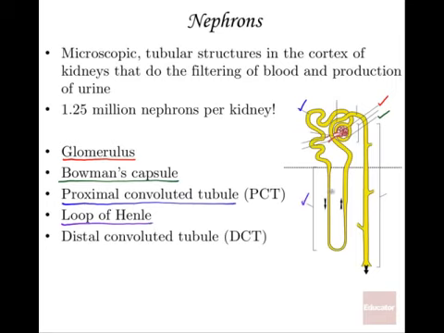So this is the loop of Henle, and there's actually two parts to it. There's the descending limb of the loop, and then there's the ascending limb going back up, and then the distal convoluted tubule. Let's use blue for that one again. So the DCT is a little bit more distant. Here it is, and then eventually we get into some other parts.